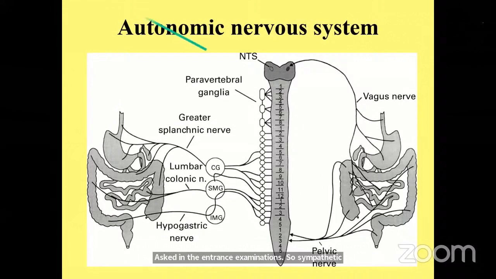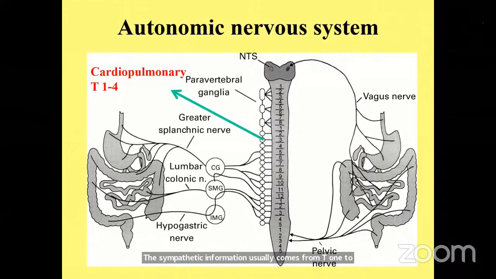Sympathetic information usually comes from T1 to L2 spinal segments. The sympathetic outflow which comes from the brain comes out of the spinal cord through the gateway, that is from T1 to L2. Whereas the parasympathetic is craniosacral. That means it comes through the vagus as well as through the pelvic splanchnic nerves.